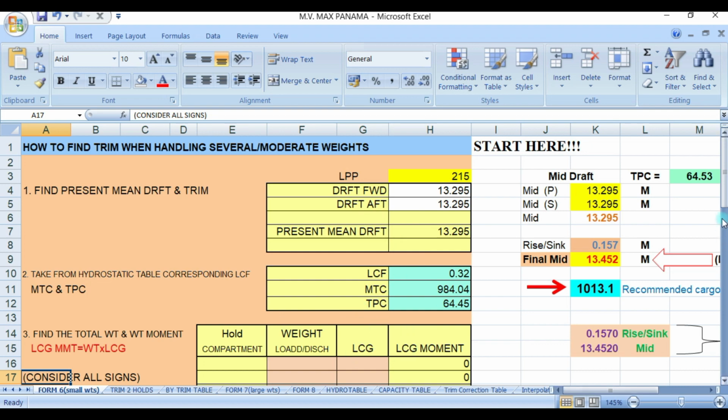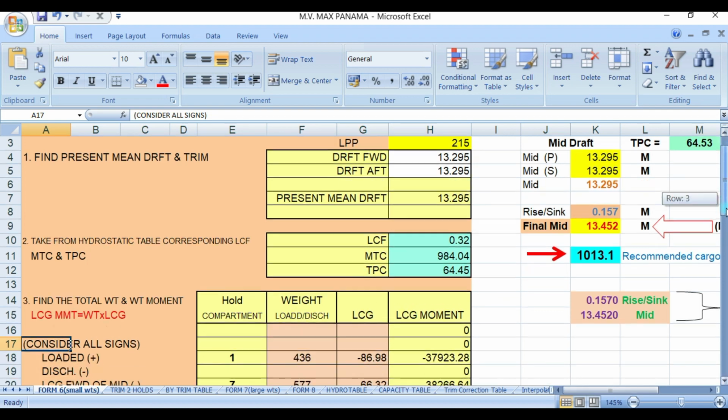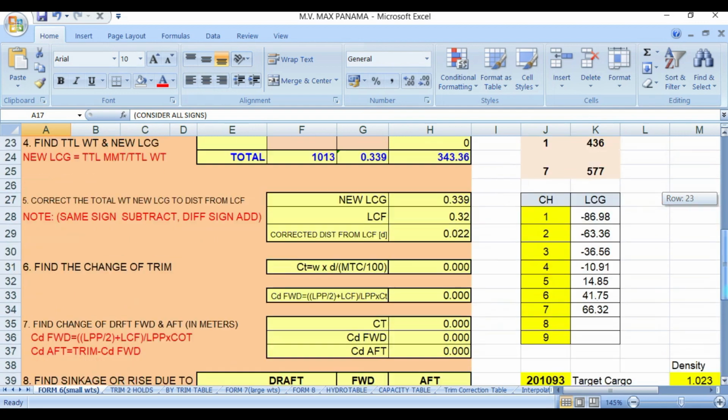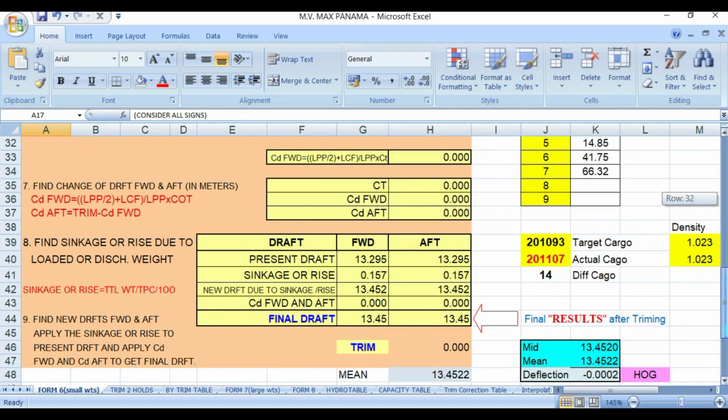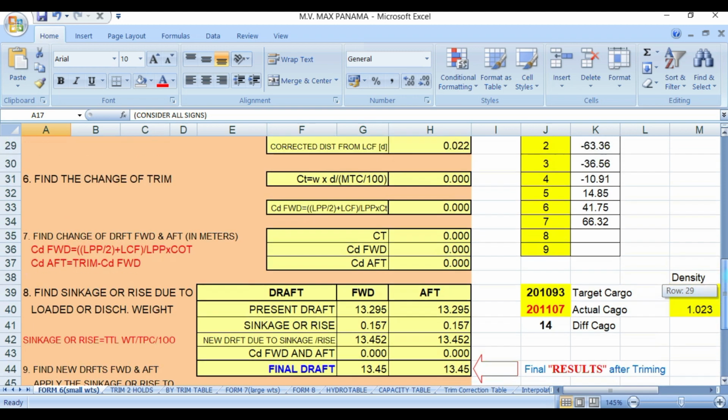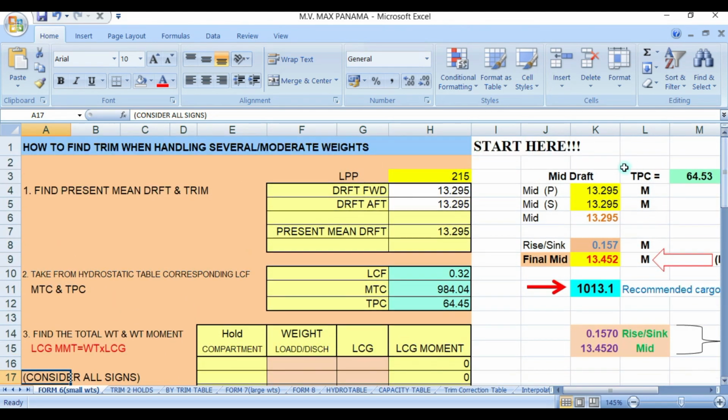You just put on the weights and it will compute your final draft forward and aft, because you're actually using the draft at the very moment when you are loading the trimming holds or the trimming cargoes.